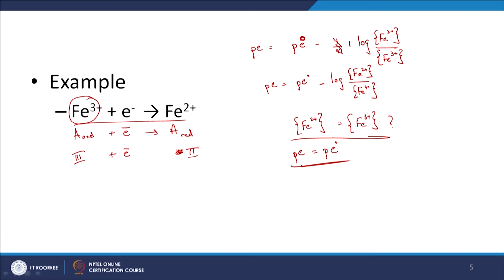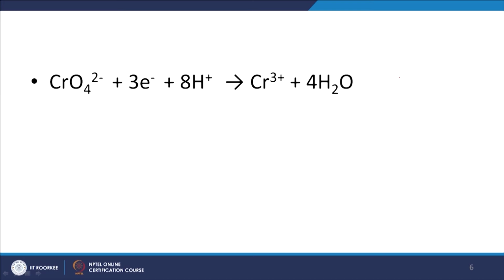So, let us look at a couple more examples when we also have other species present, primarily H plus. The next example is the one with H plus. Here is one example that we have always considered until now: the reduction of chromium from oxidation state 6 to 3.